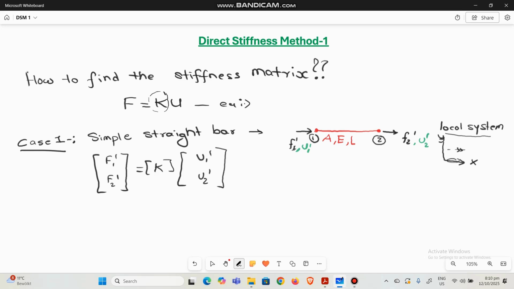So we need to find this, and I have uploaded the complete derivation for this case in my first video of finite element methods, but here I'm just going to roughly give you the idea.